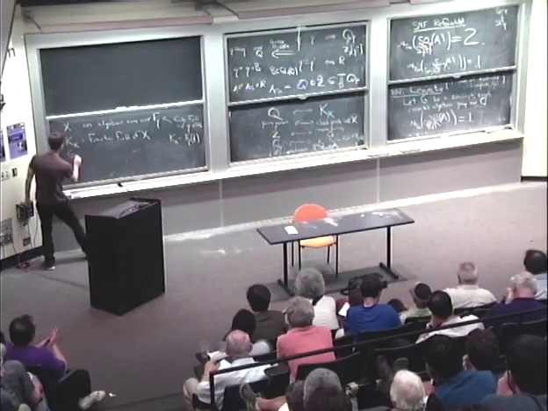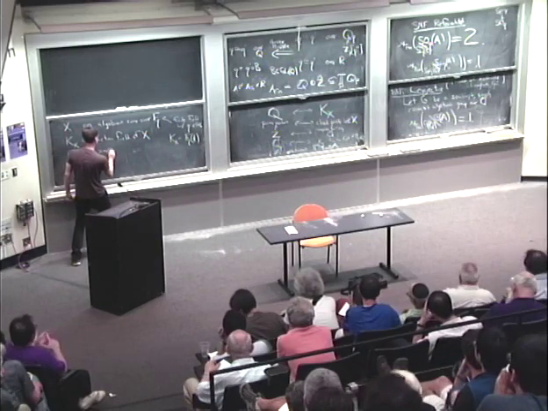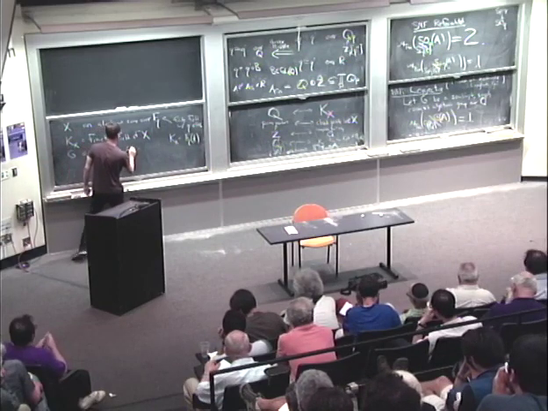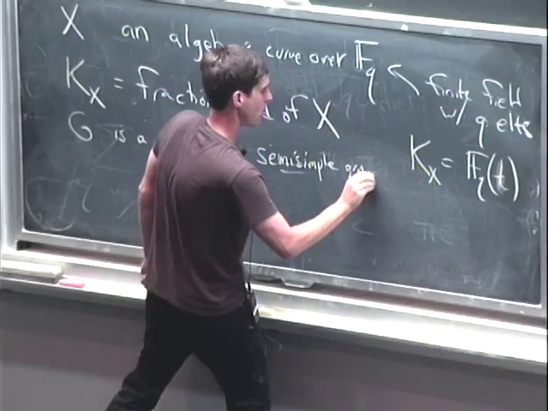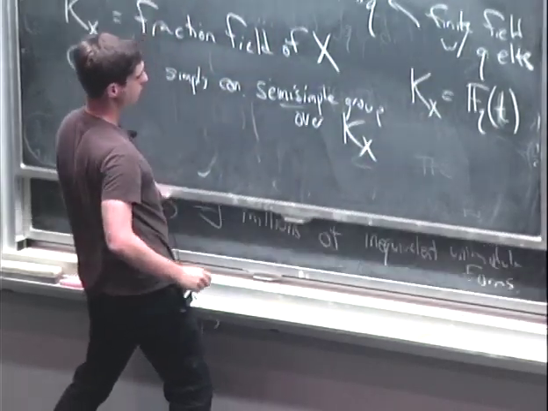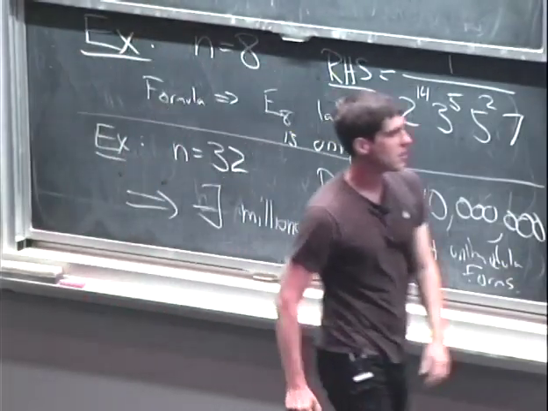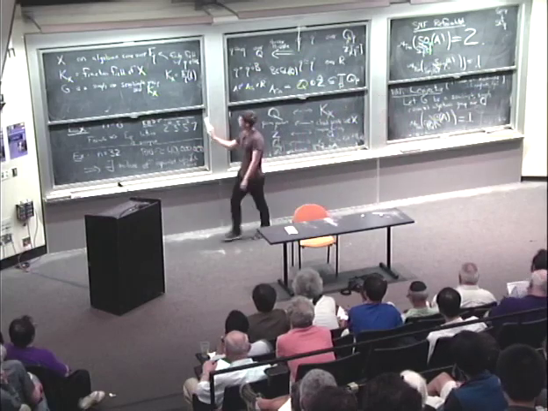So let's suppose that G is a simply connected, semi-simple group which is defined over this field K_X. Well, you can run the definition of Tamagawa measure again.